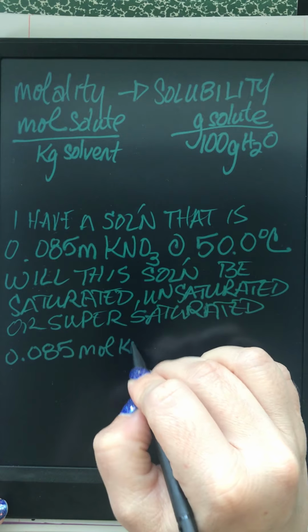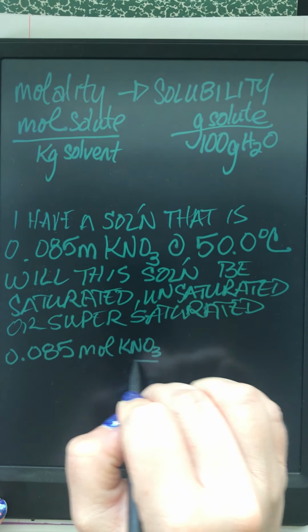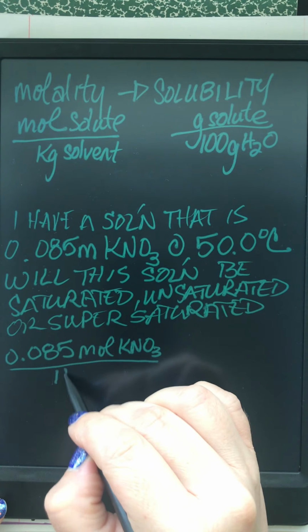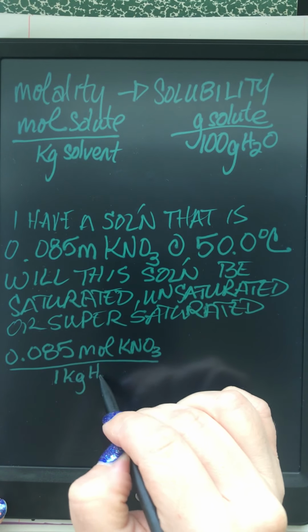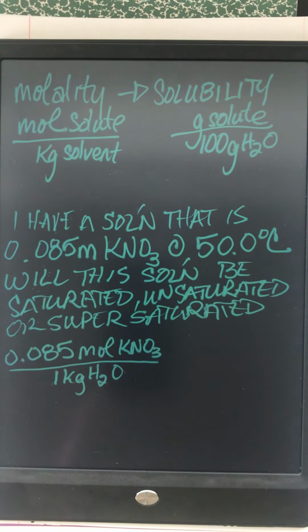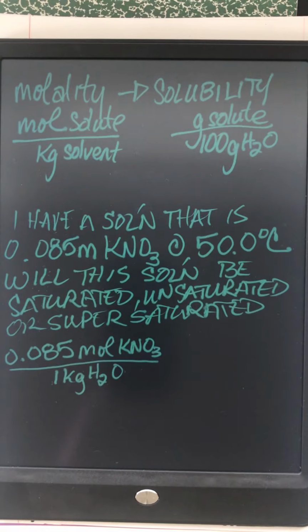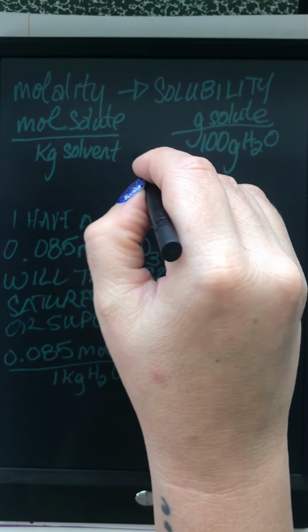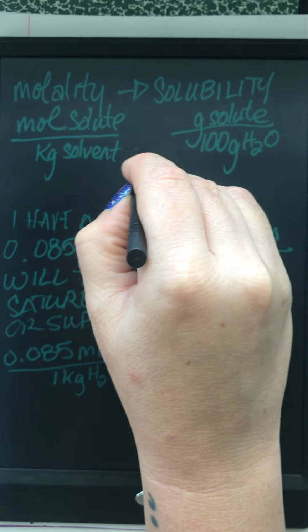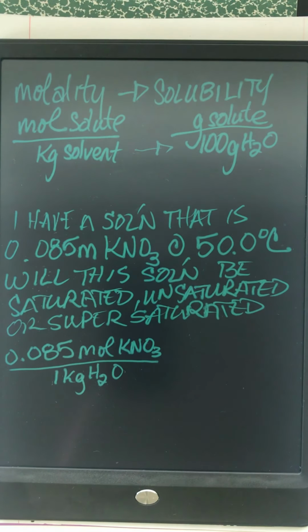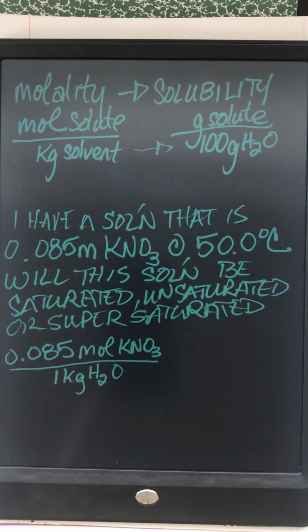So, I have 0.085 moles of potassium nitrate per 1 kilogram of H2O, right? So if I have a kilogram of H2O, it's more than 100 grams of water on the bottom. You guys agree?